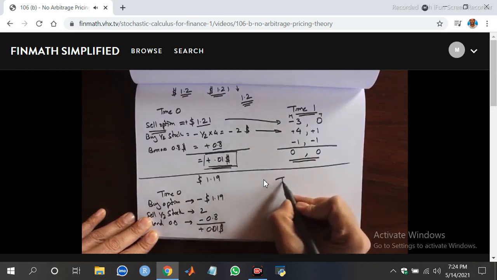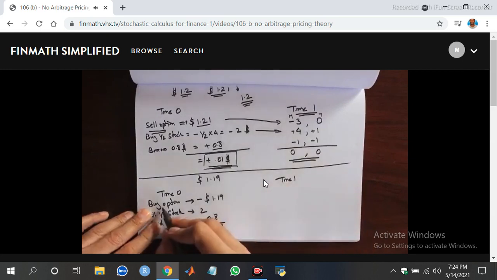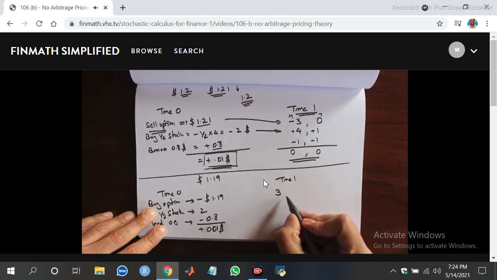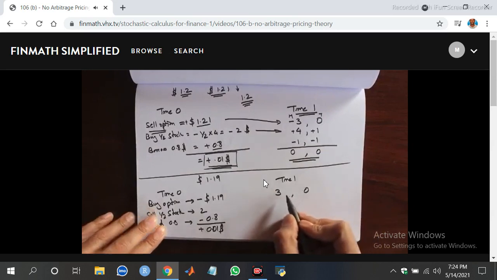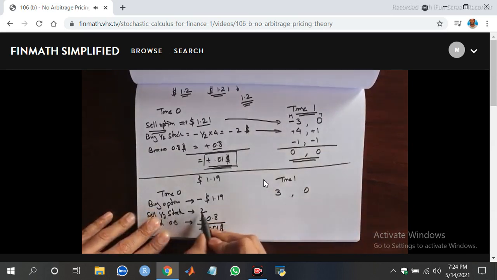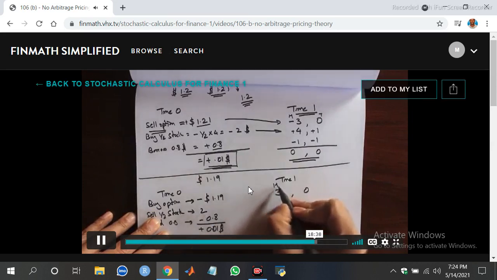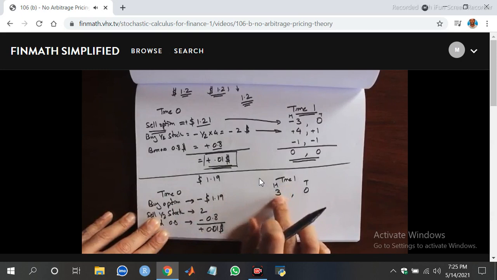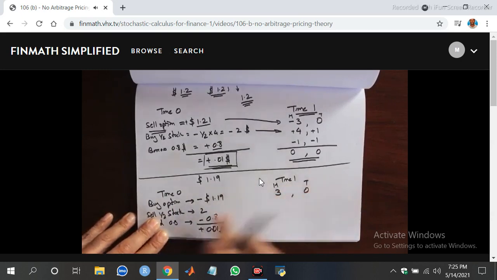Okay. And at time 1, if we buy an option, we will either be at positive 3 or 0. This is head or tail. So at time 1, because we bought this option, if we get a head, it will be worth 3. If we get a tail, it will be worth 0.